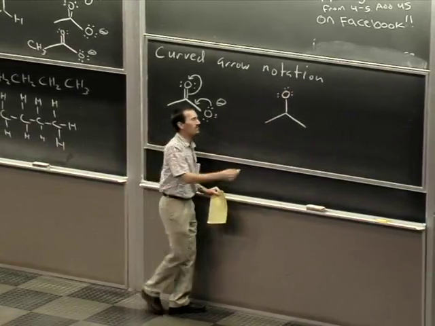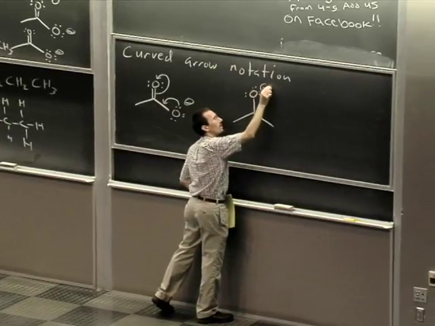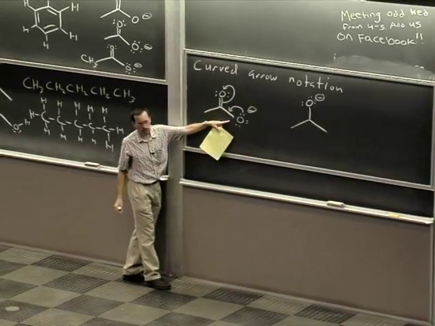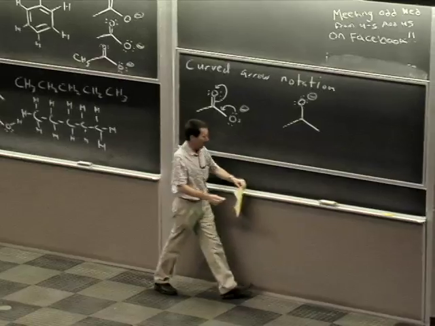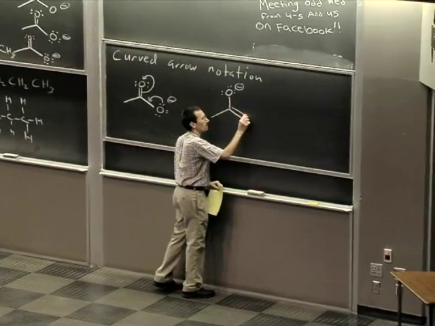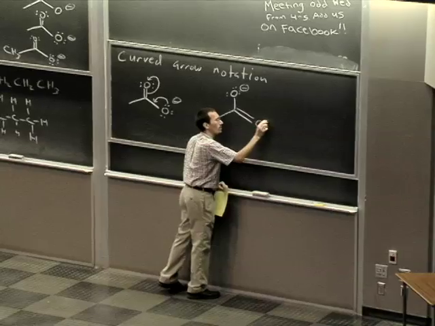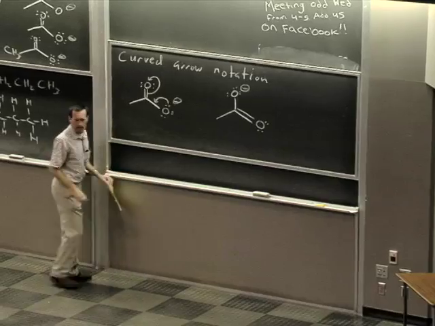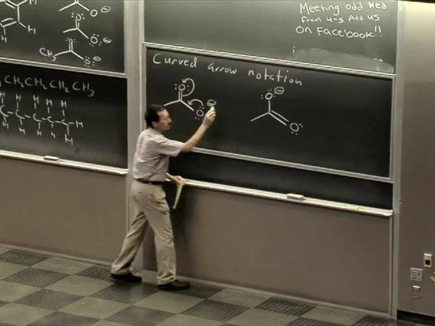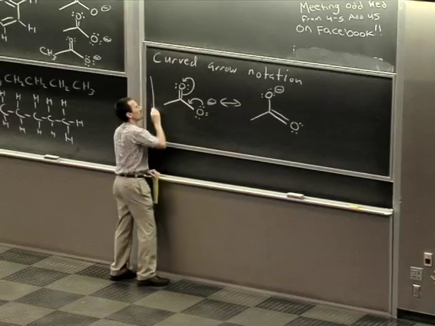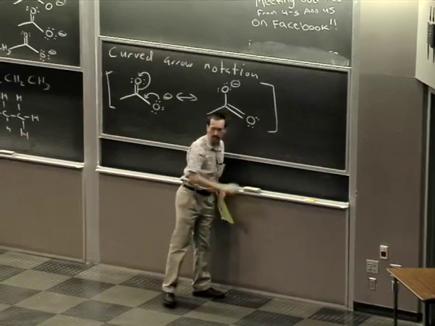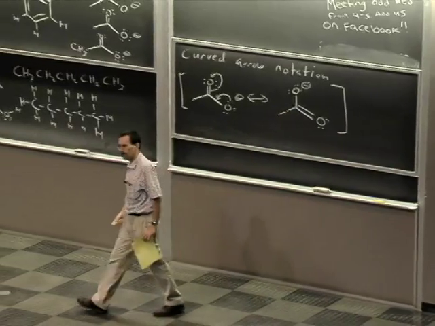We have a negative charge on that oxygen. In the bond to the lower oxygen now, we have a double bond. We have 2 lone pairs on that oxygen. And of course, these are just the 2 resonance structures, not one, not the other, but both at the same time.